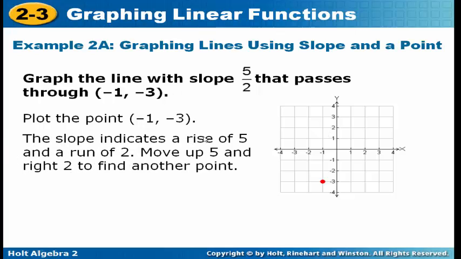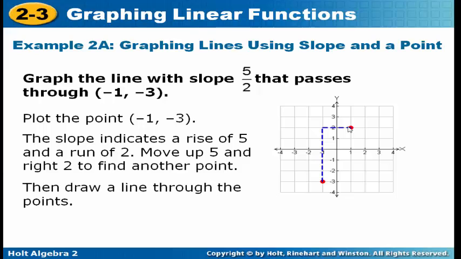The slope indicates a rise of 5 and a run of 2. So up 5: 1, 2, 3, 4, 5, and then right 2: 1, 2. Now we have another point, then match between these 2 points to get the line.